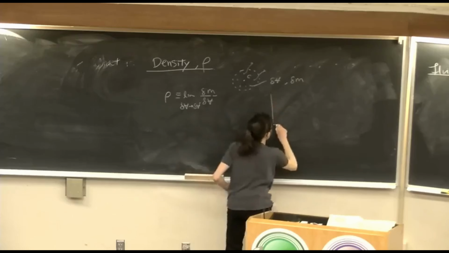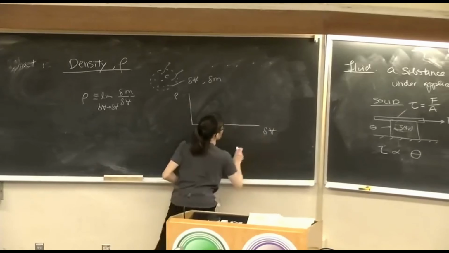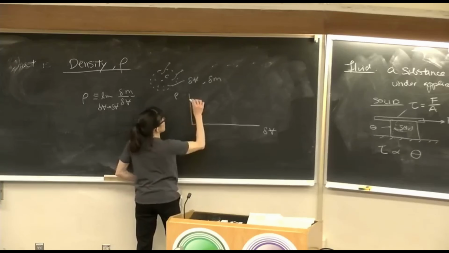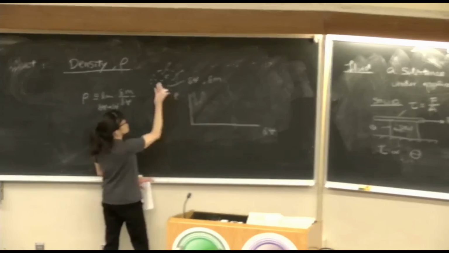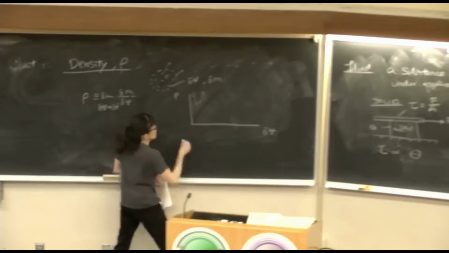And so if we plot the density versus delta V, if delta V is too small, then we're going to have inconsistent values of the density, because there are just so few molecules. It would just depend on how many molecules are within that volume at that time.